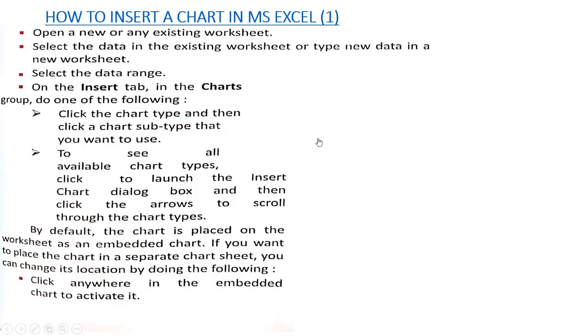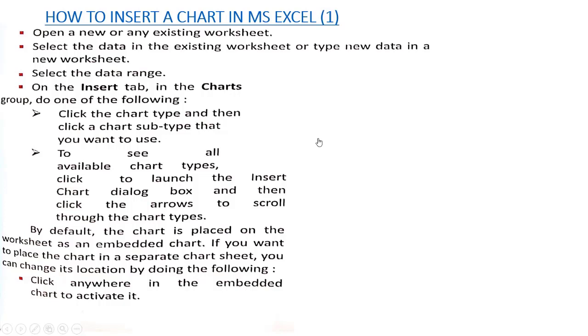So select the data in the existing worksheet, or you can type new data in that worksheet. Then select the data range. Then from the insert tab you can get the charts group. Then you have to follow these steps. From there you will get chart type, and from the chart type you can click the chart subtype that you want to use.